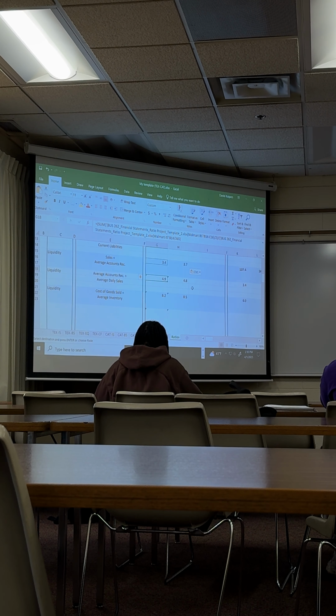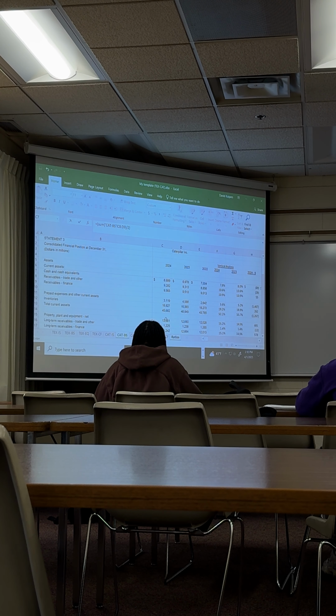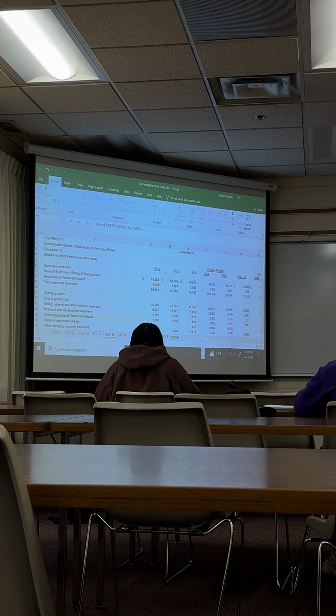Sum those 4, close parentheses, divide by 2, close parentheses. That's my numerator. So hit divide, open a parentheses. My denominator is total sales from the income statement divided by 365.